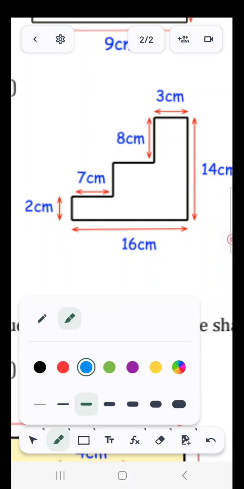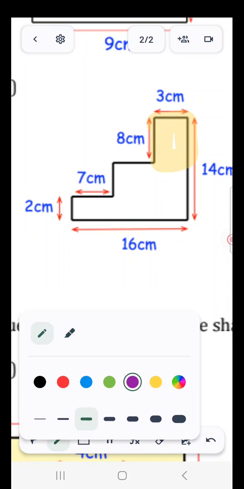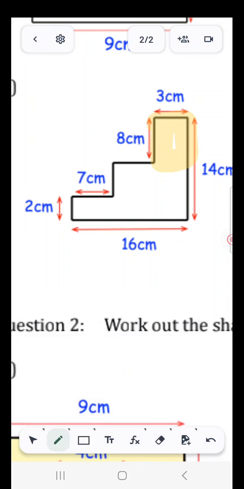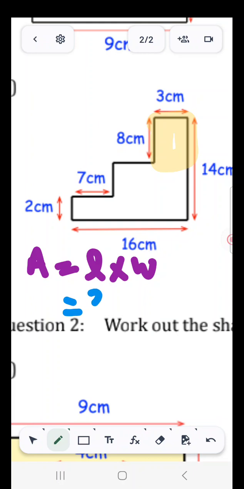First of all, I will be highlighting the top rectangle like this, and it makes 3 times 8, because if you clearly see, area means length times width, and the length is actually 3 and the width is 8. So 3 times 8 should be 24.